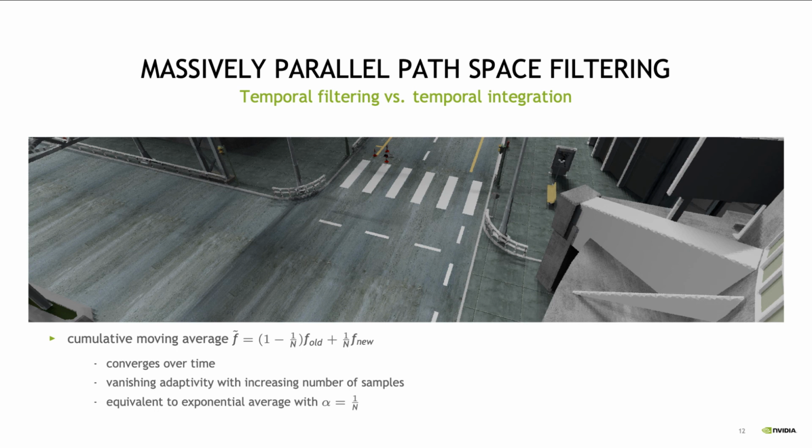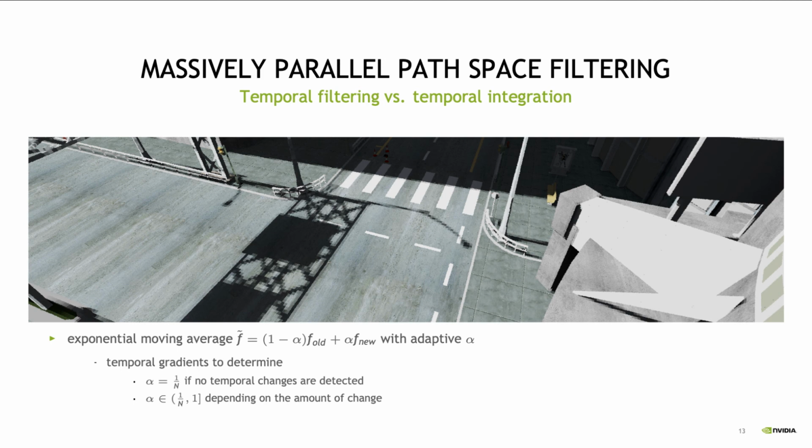Since both moving averages only differ in the way alpha is calculated, we can also create a hybrid that gets the best of both worlds. This is the result of filtering with this hybrid moving average, in which alpha is set to 1 divided by n if no temporal changes are detected, and otherwise to a value between 1 divided by n and 1, depending on the amount of change.